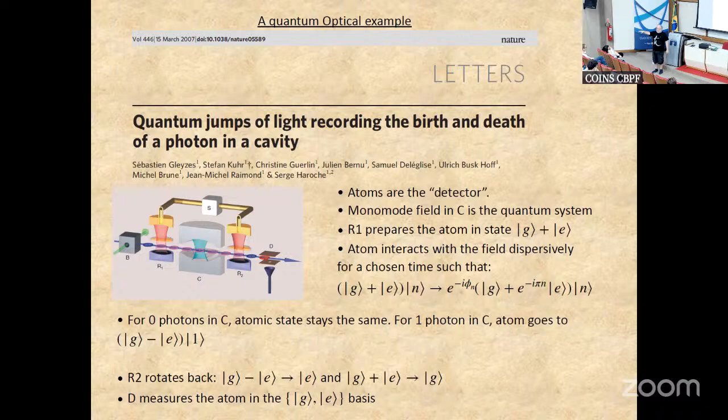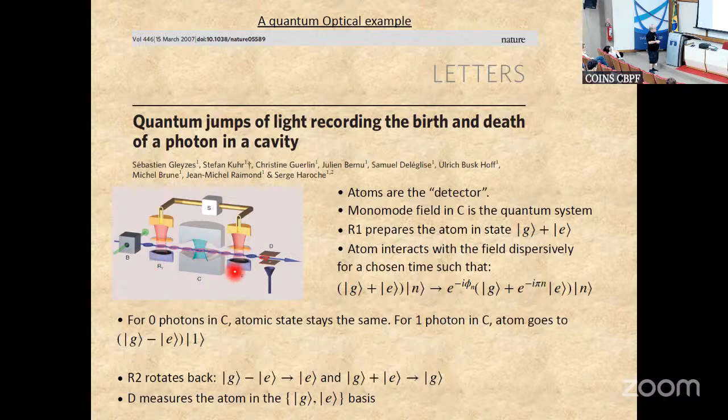If there is 1 photon in the cavity, the atom rotates on the equator of the Bloch sphere to the opposite side. It gains a minus phase between G and E. To be more precise, we are talking odd and even here, but let's say 0 and 1 just for the sake of my argument here.